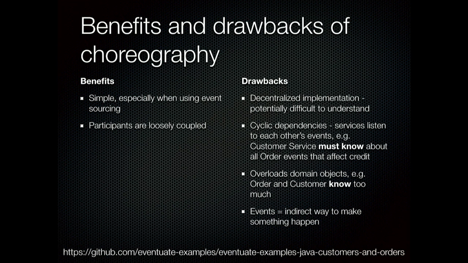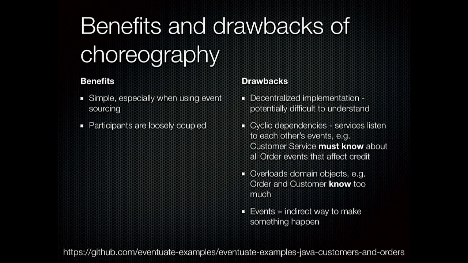But there are a whole bunch of downsides. So number one, the coordination is decentralized. You can't look at a single piece of code and see how the create order saga is implemented. You actually have to look at a whole bunch of event handlers and business logic that's publishing events and consuming events.